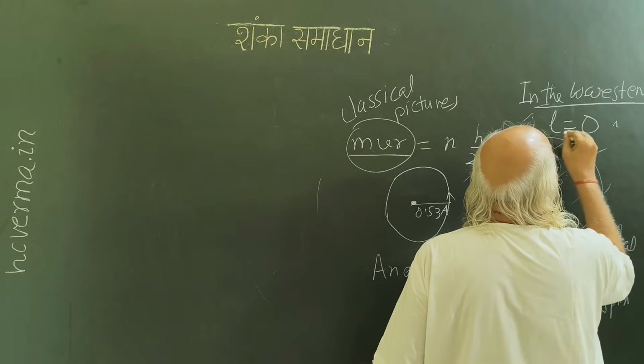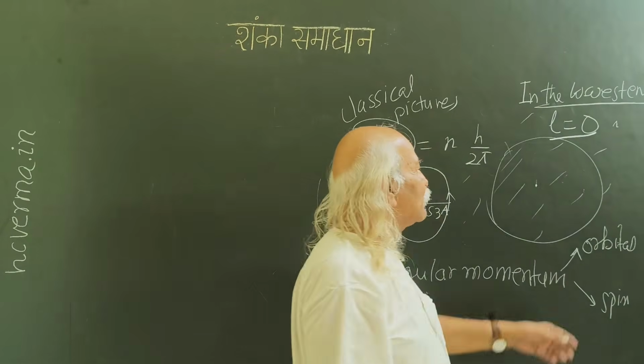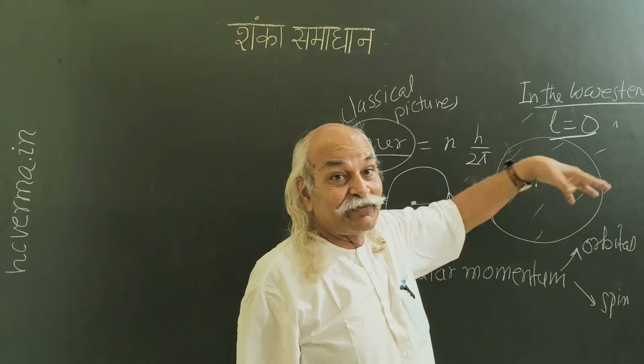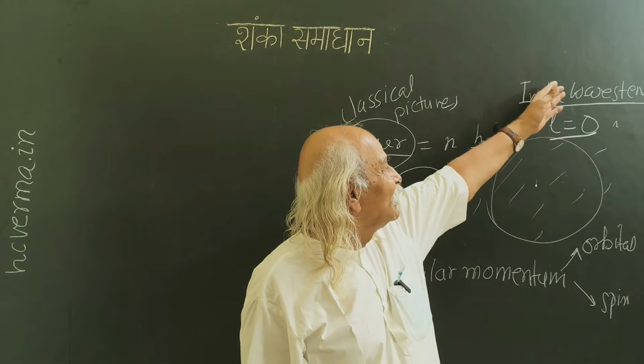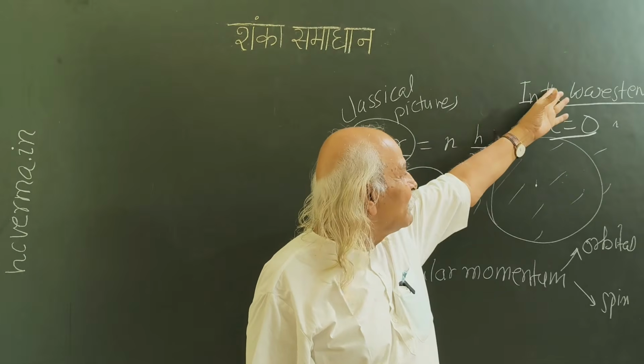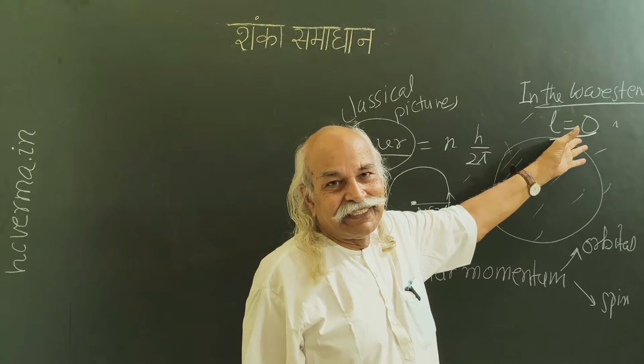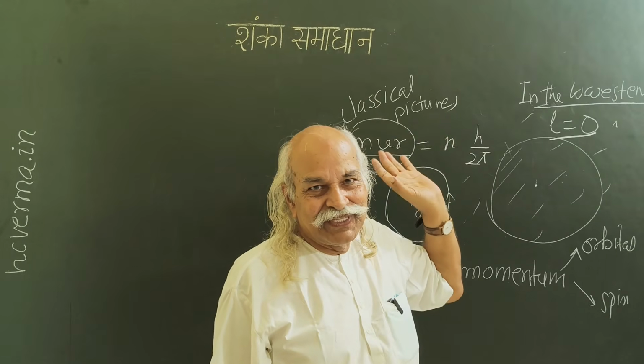For lowest energy, that is zero. So that is our 1s orbital. Similarly for 2s, 3s, etc. This orbital angular momentum in quantum mechanics will be zero, not m into v into r.